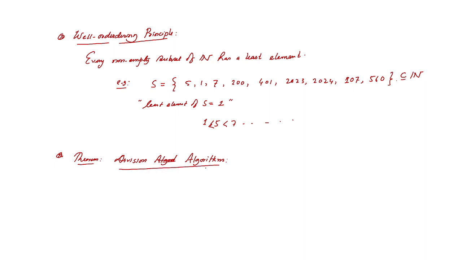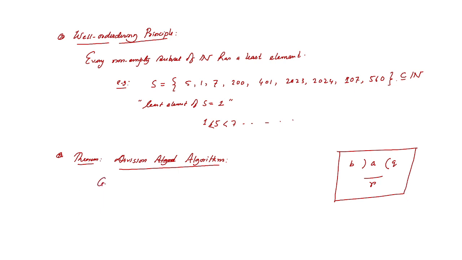Now the question is, what is the statement of the division algorithm? When you have two integers a and b, and you divide the integer a by b, there will be a quotient and a remainder. That format we know. From that we can state it easily.